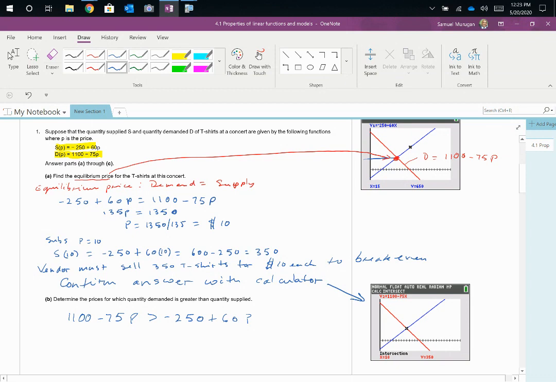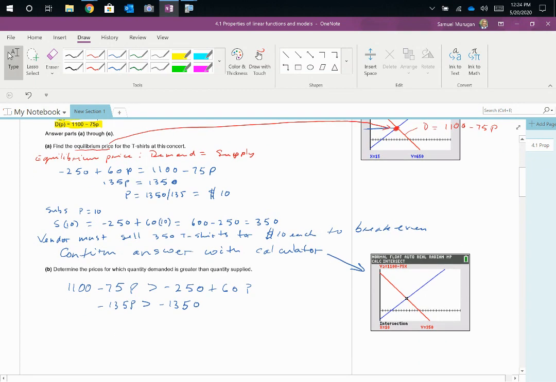Okay, so if we solve this inequality, we would have negative 135p is greater than negative 1350. Then if we divided both sides by negative 135, the inequality would flip and p would be less than 10.